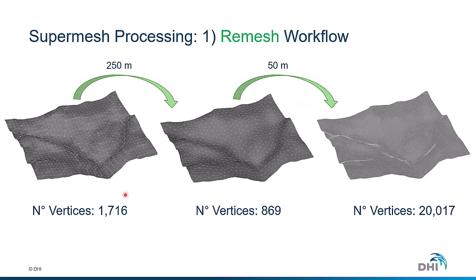If you bring a surface into FEFLOW, you can decide to improve the quality of the surface by doing a triangulation based on a given edge size, like 250 meters, where you can see that we have very regular triangles. You can also go even finer, and it will decrease the size of the mesh elements. You can also do the opposite: you can come with a digital elevation model with a very fine resolution, and you can coarsen the mesh if it's needed.